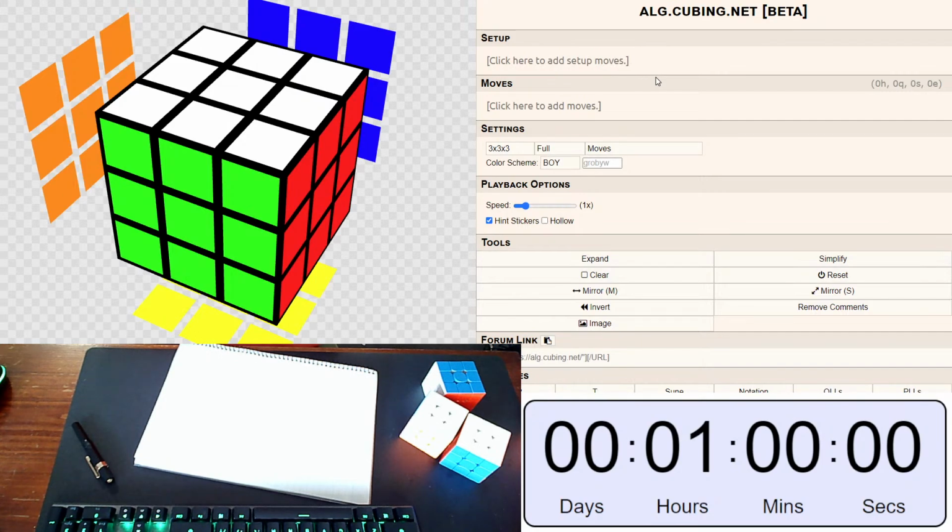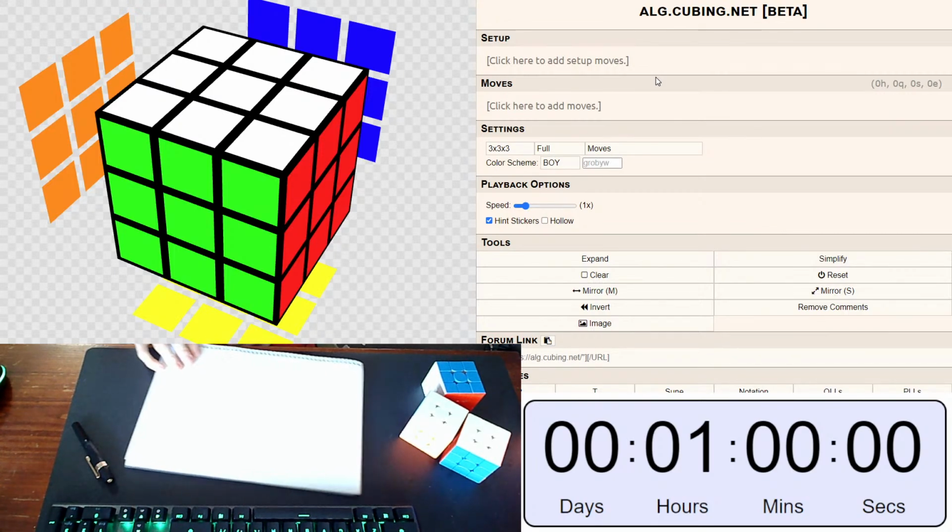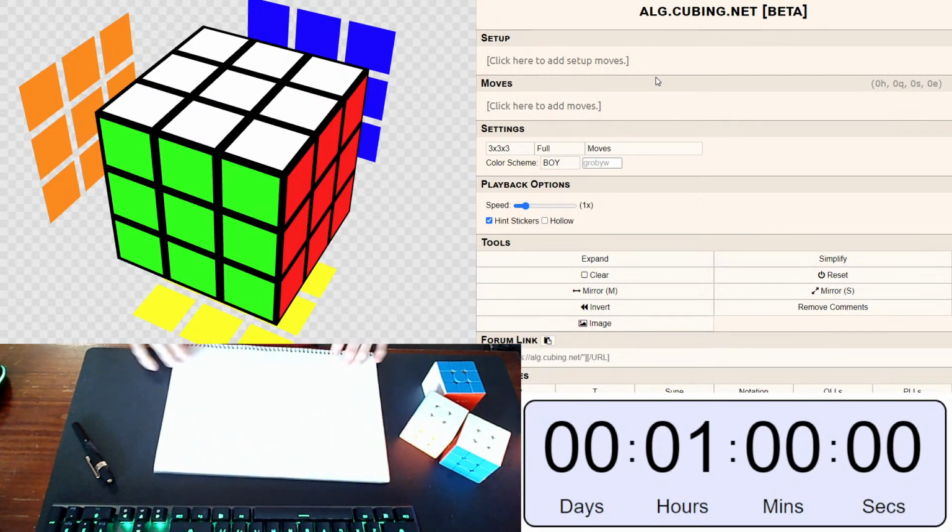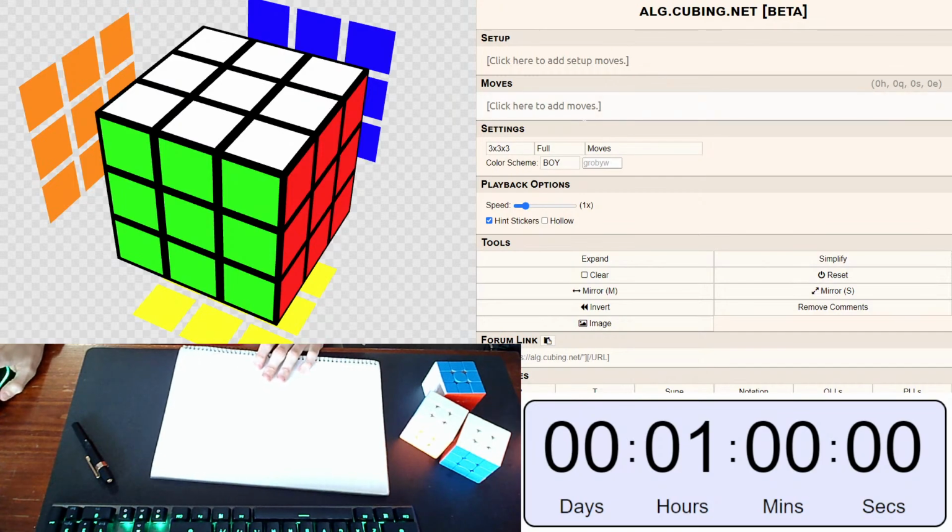I'm gonna be using some alg.cubing.net pages to show what I'm doing, sort of kind of explain my thought process. I'm not sure how I'm gonna work it with Ness, but I'll figure it out.